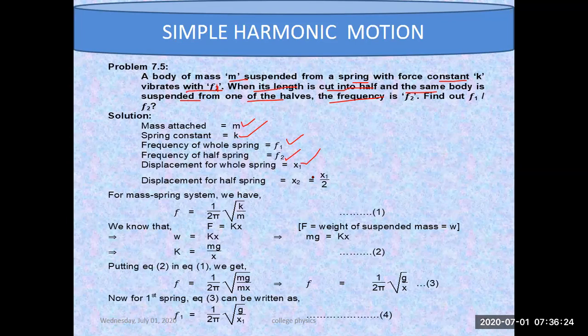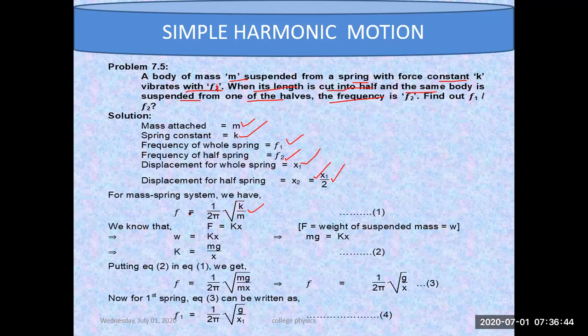Displacement for the half spring, as we are dividing the whole into two halves, is x1 divided by 2.